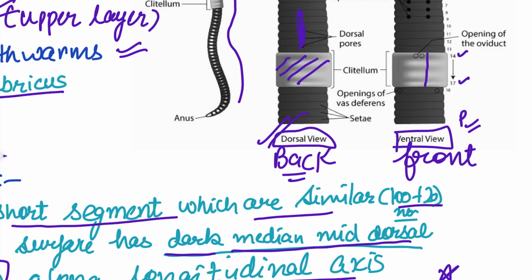This part is the clitellum. What is this? It is glandular tissue, and dark in view.